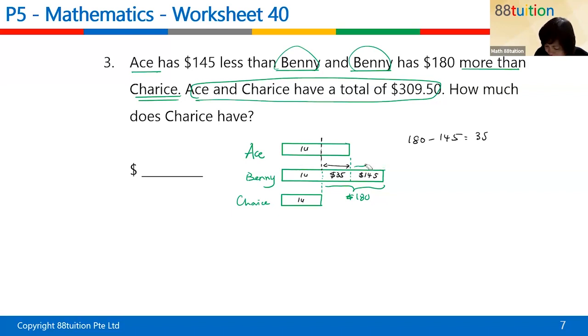Okay, so I can erase this now. Right? And then I'm going to put this as 35. So you know that both A's and C have the total of $309.50. So what you do now is, you have 2 units plus 35.